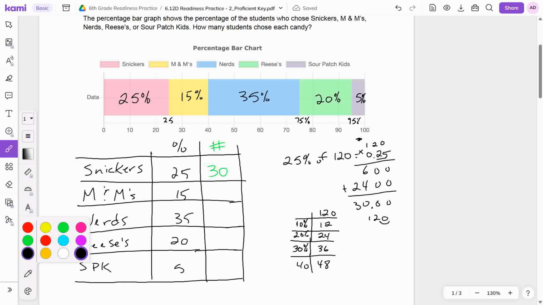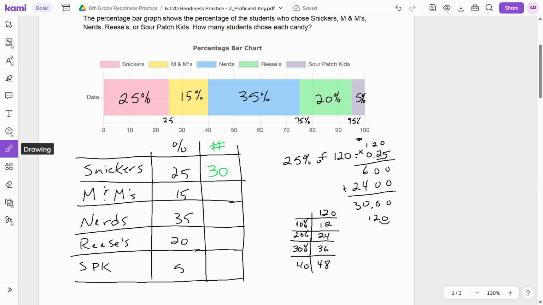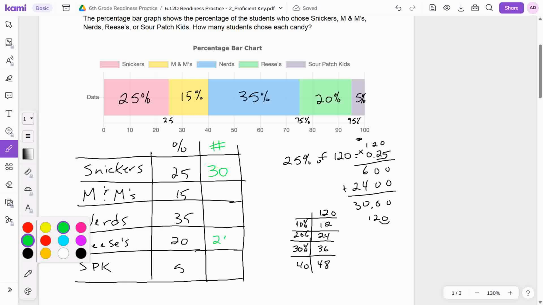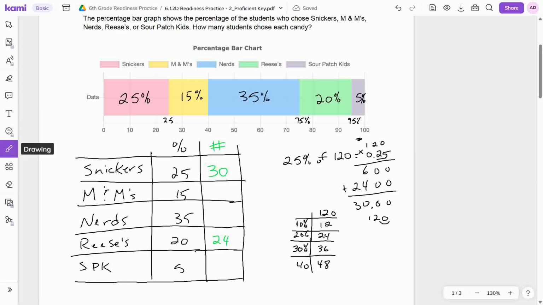Well, how does that help me? I've got my Reese's at 20%, so I can already tell you that that's going to be 24. Now, the rest of these are 5s, so we're looking for midpoints. If 5 comes between 0 and 12, then that's going to be a 6. 15 comes between 12 and 24, that's going to be 18. 25 comes between 24 and 36, so that is going to be 30.